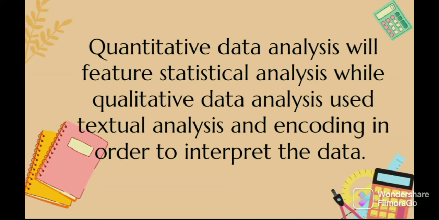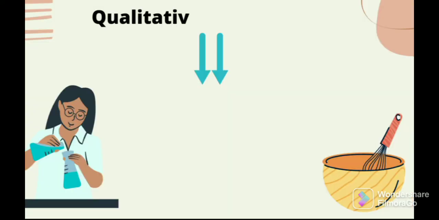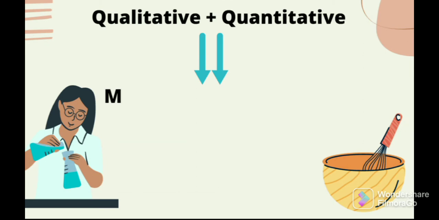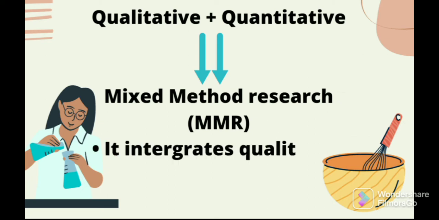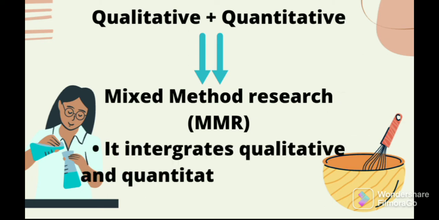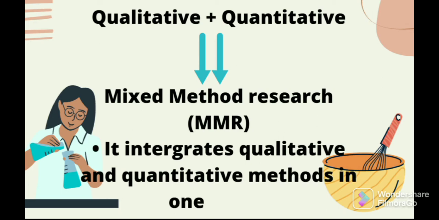The quantitative data analysis will feature statistical analysis, while qualitative data analysis uses textual analysis and encoding in order to interpret the data. There is also a third approach that combines qualitative and quantitative approaches, and this is called the mixed method research. This integrates qualitative and quantitative methods in one study.